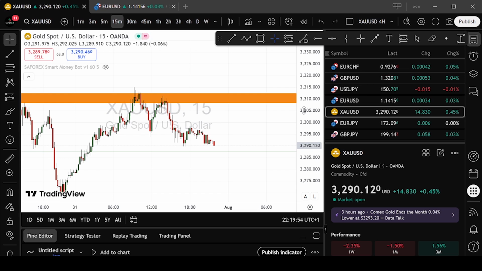Then identify the equilibrium level, and highlight the areas that fall in premium and discount zones. Then on the 15 minute time frame of the same pair, identify the recent buy side or sell side liquidity sweep.